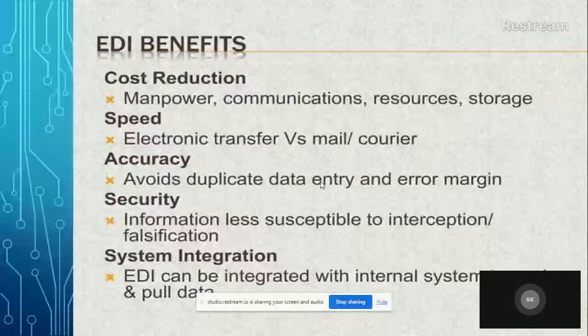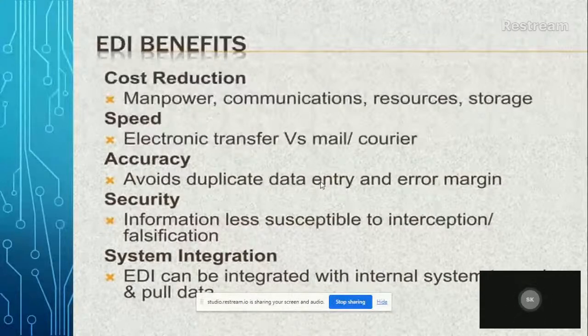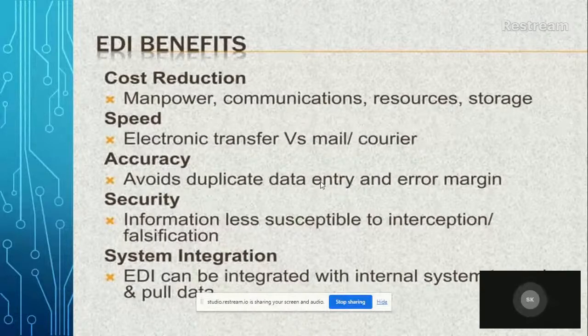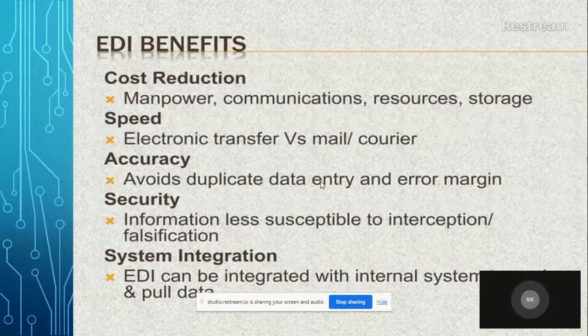So the manpower is also less, the storage capacity is high, and the speed is also more, because we can distribute the marketing information within a fraction of a second, reaching many customers on the worldwide web. So it is electronic transfer versus mail courier. Accuracy avoids duplicate data entry and error margin.